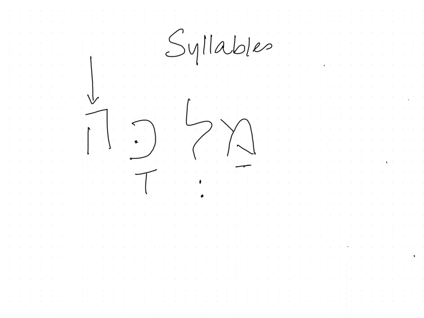All right. I have a shva here. If I look to the right, I will notice it is preceded by a short vowel, and silent shvas usually follow a short vowel.